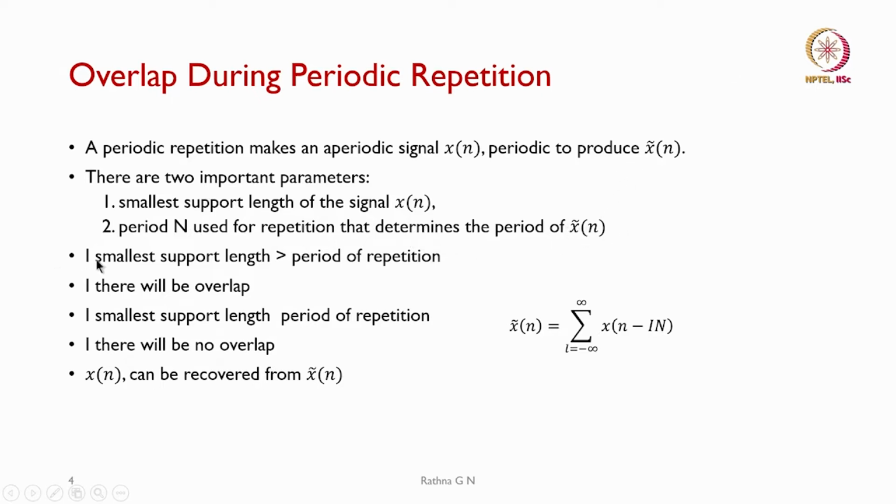If L is greater than the period of repetition, there will be overlap. If L is less than or equal to the period of repetition, there will be no overlap. These are the overlap and no overlap conditions, and x of n can be recovered from our periodic signal x tilde of n.